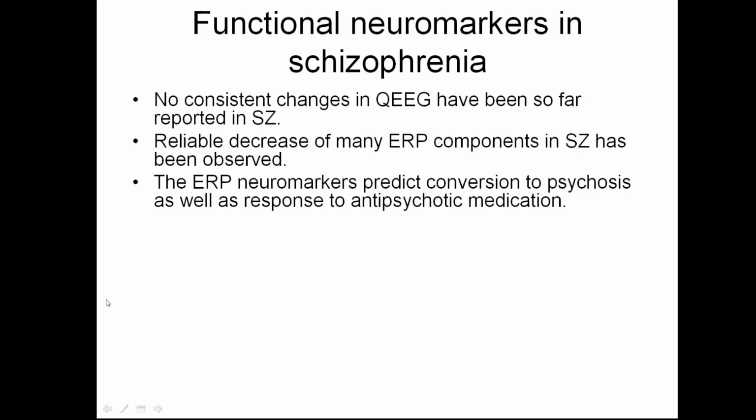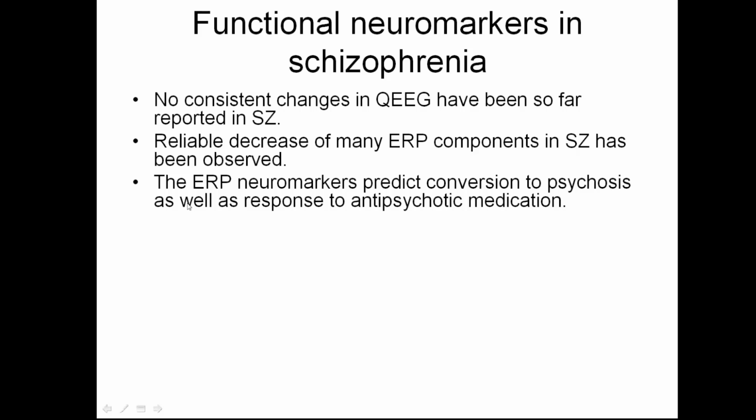We found that the event-related potentials are able to discriminate the two groups, the group of schizophrenic patients and the group of healthy controls, quite nicely with large effect sizes.